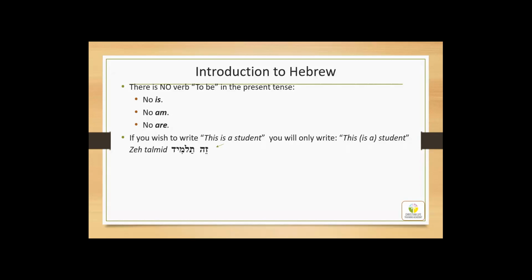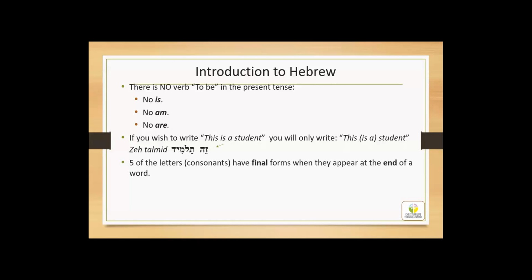Ze is this, and Talmid on your screen, there it is, T-L-M Yod D, Talmid, and that word means student. So there you've got two vocabulary words already. Okay, Ze Talmid is what you write. That's the present tense of the Hebrew.